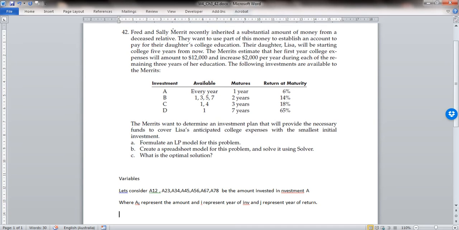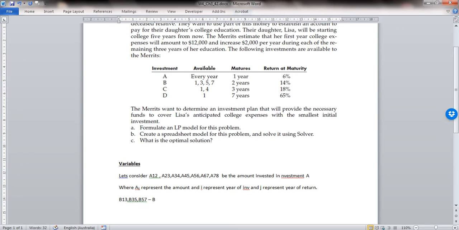So what other variables will we have? We will have B13, B35, B57. This is for investment in B. For C it would be C14.